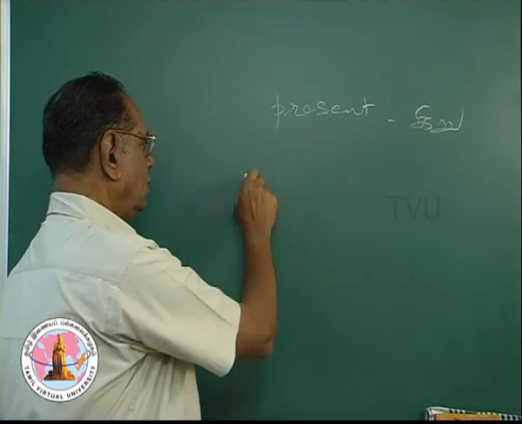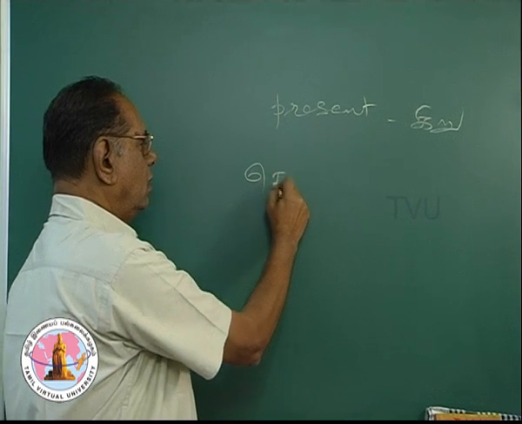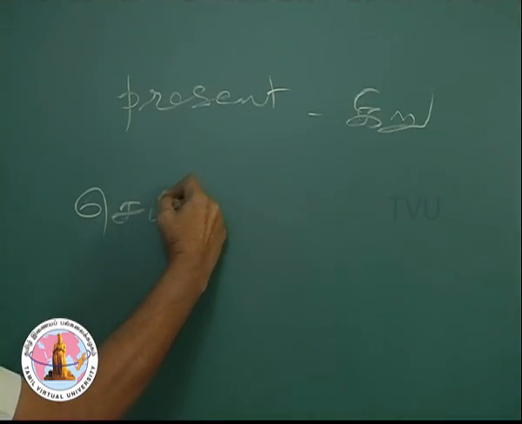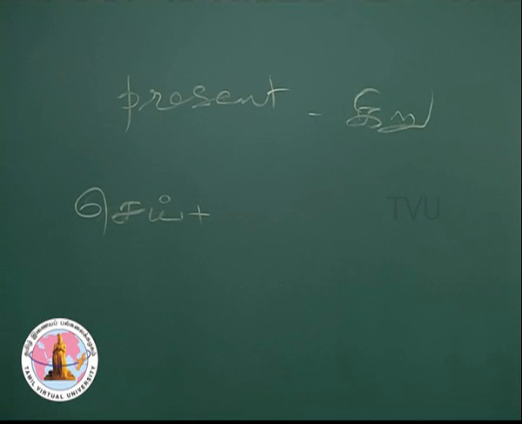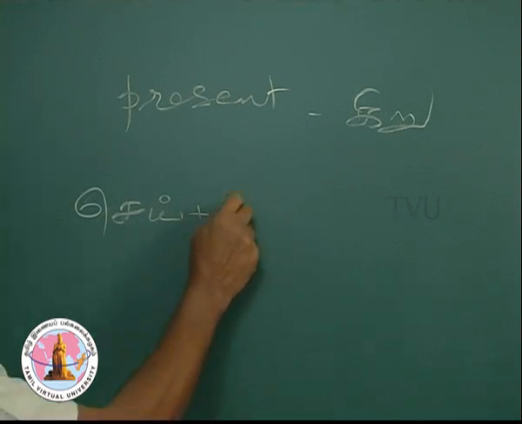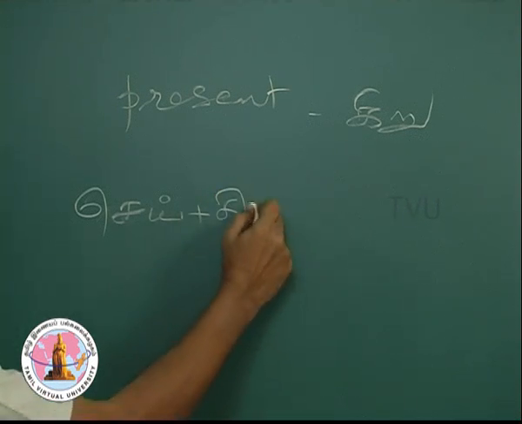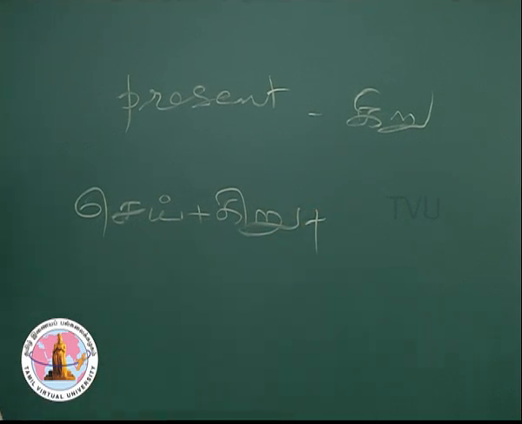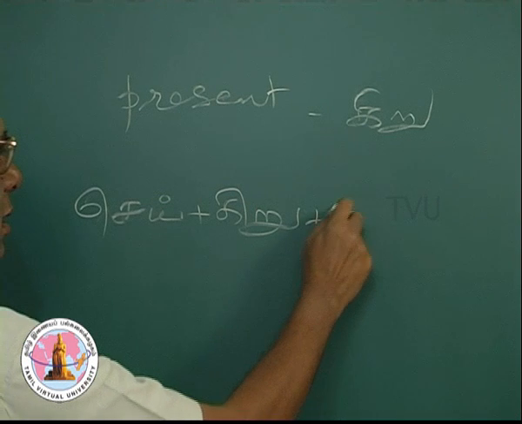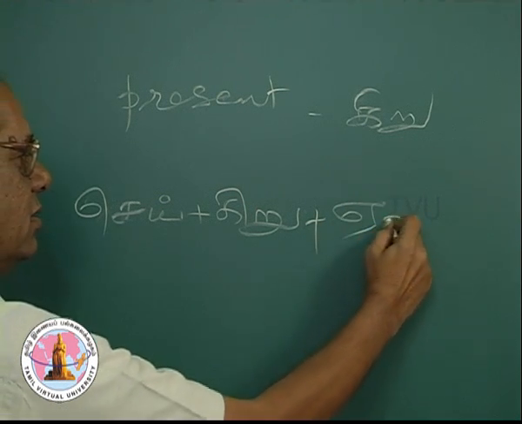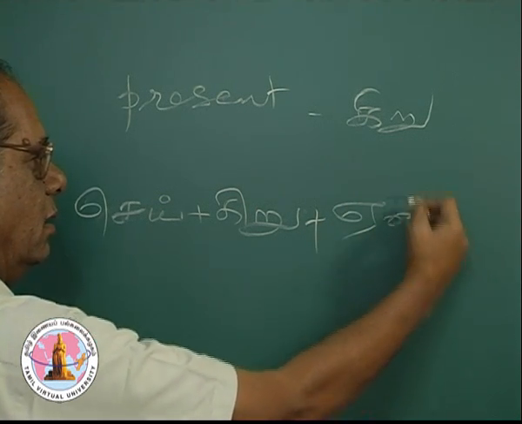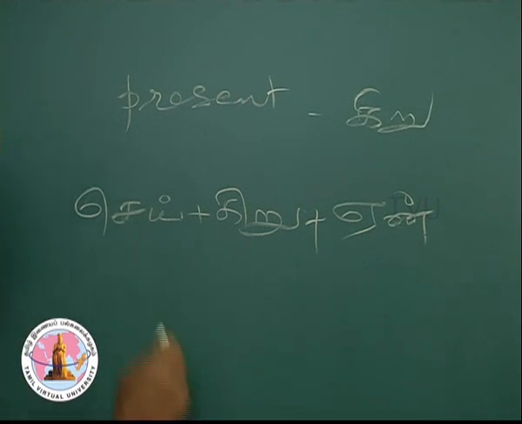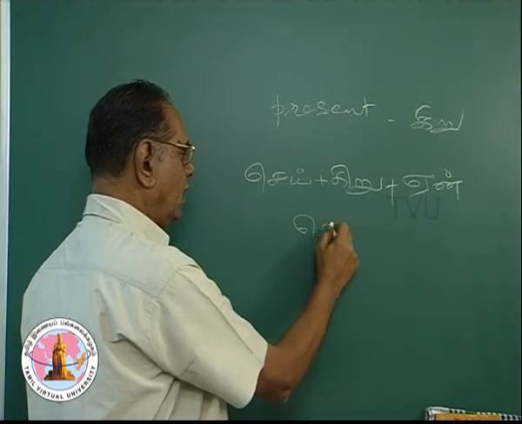That is, you have a verb, say, and you have this tense marker kiru, and then the person marker or personal suffix yen. This becomes செய்கிறேன்.